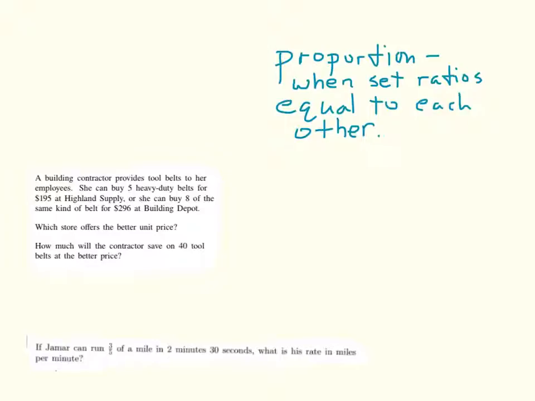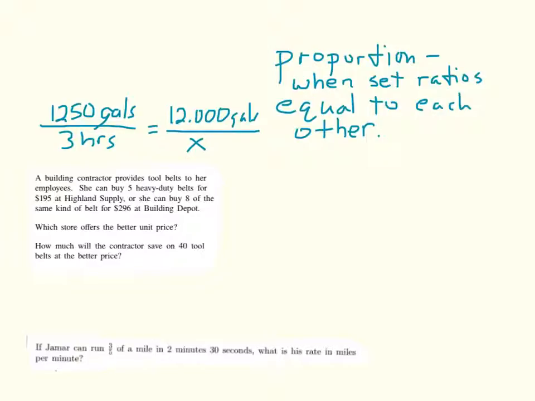So I'm going to say 1,250 gallons is to 3 hours, as 12,000 gallons is to X hours. And I'm going to take the units out now and solve this over here.